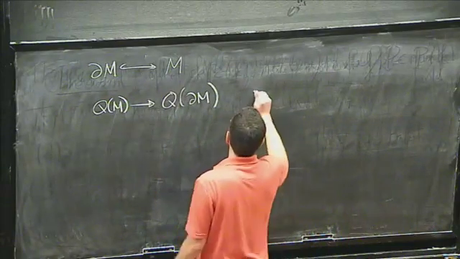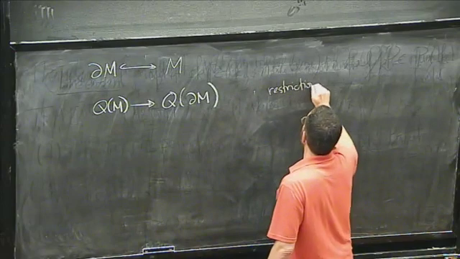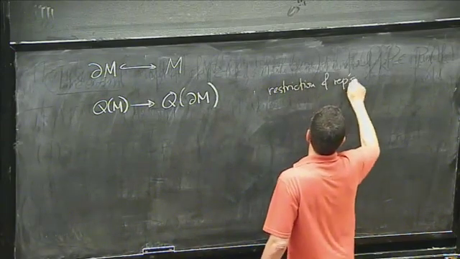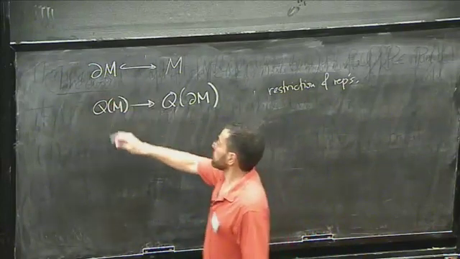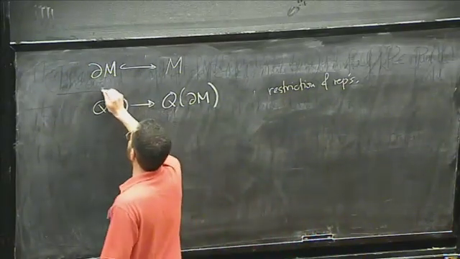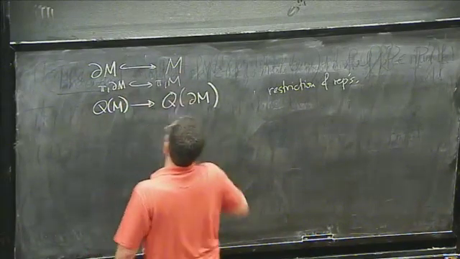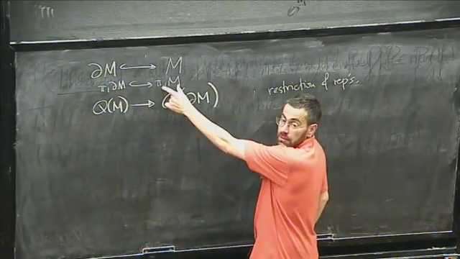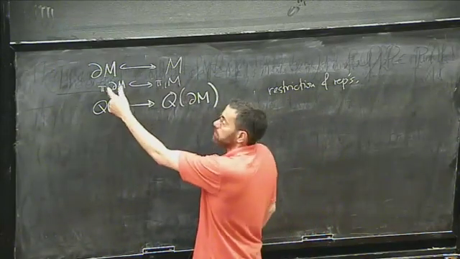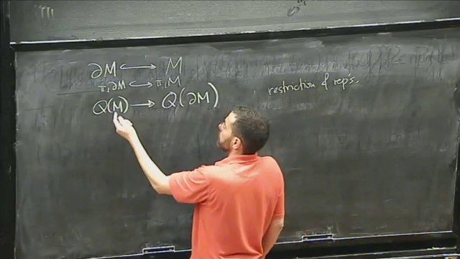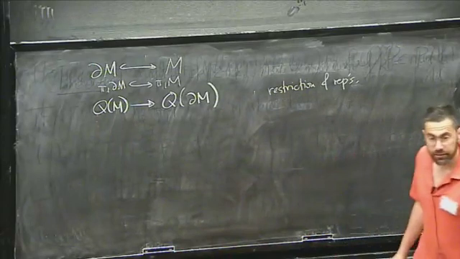You can think of this map as being induced by restriction of the representations. It's a little easier to think about if the boundary of M is connected. When you have this inclusion, you also have the fundamental group of the boundary, which injects into the fundamental group of M. And now if you have a representation of this fundamental group, then you can restrict it to the image of the boundary group, and you get a representation of this group. And so that takes you from structures on M to structures associated to the boundary of M.